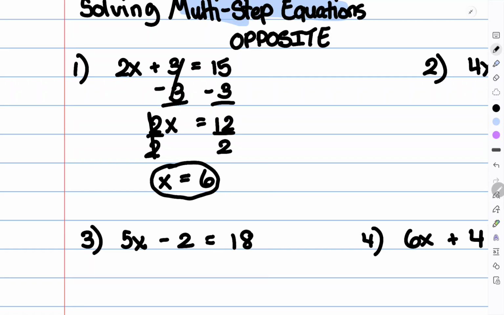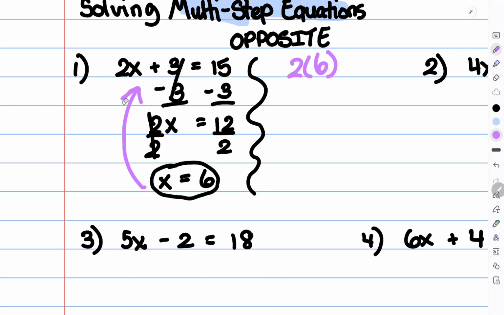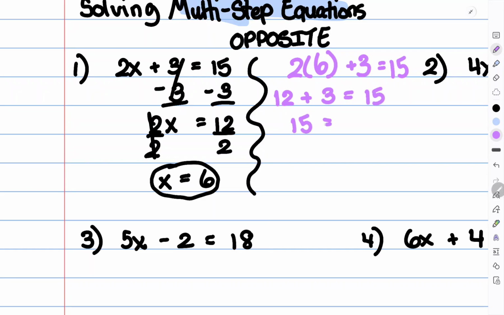To test it, 2 times 6, since our original problem was 2x, which is multiplying, plus 3 equals 15. So 12 plus 3 is 15. Does 15 equal 15? Yes, so we were right.